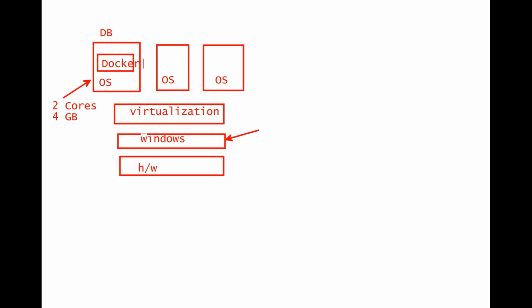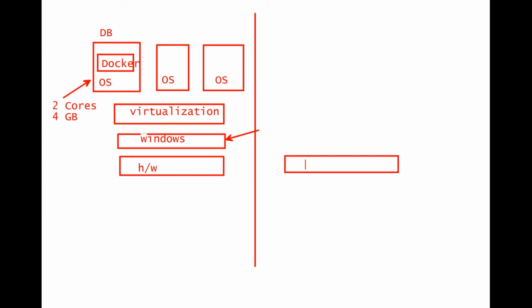You can still have a VM in place and just install Docker as a service, or you can definitely say that we do not even have any virtualization software. We just have our hardware, the way we have on the left-hand side. So you can have your hardware, you can have your host machine level operating system, like it could be Windows, it could be Mac OS, it could be any distribution of Linux as well.